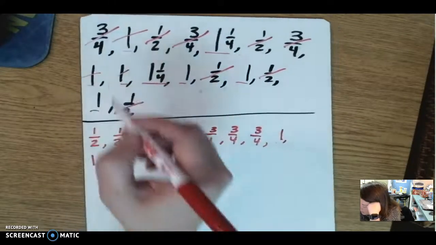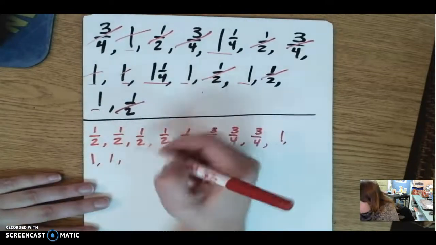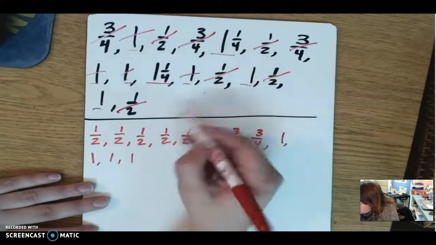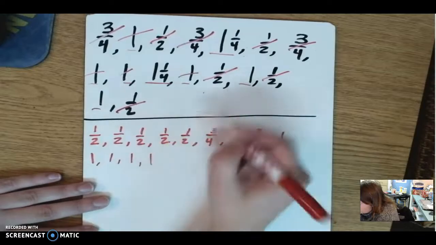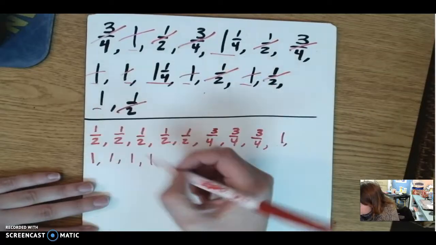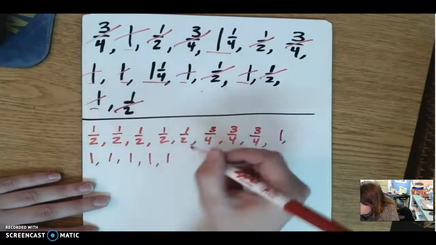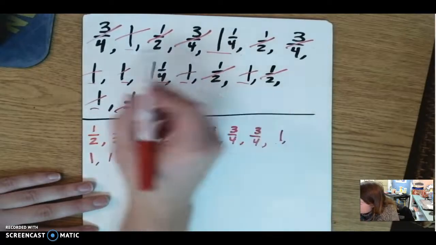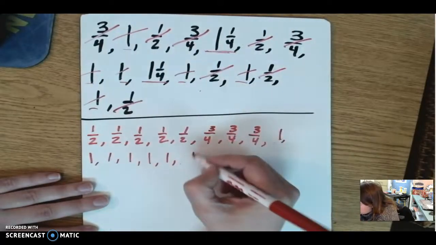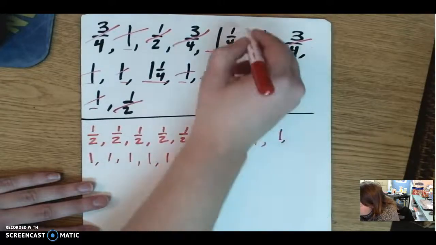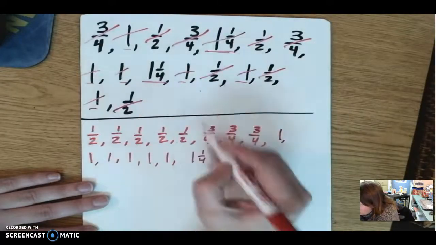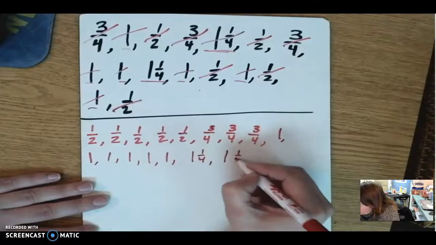There's another one. There's another one. There's a lot. There's another one. There's another one right here. Okay, that's it. And then lastly, looks like 1 and 1/4. There's another one right here.